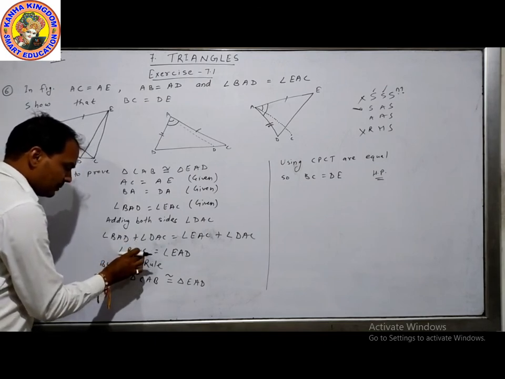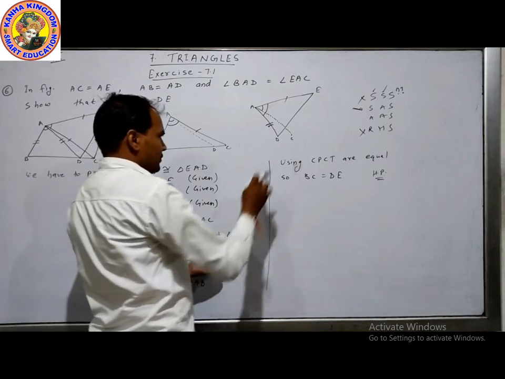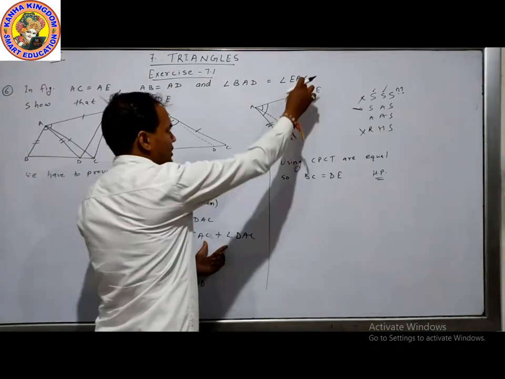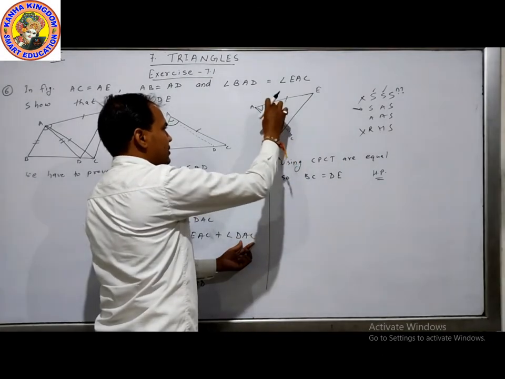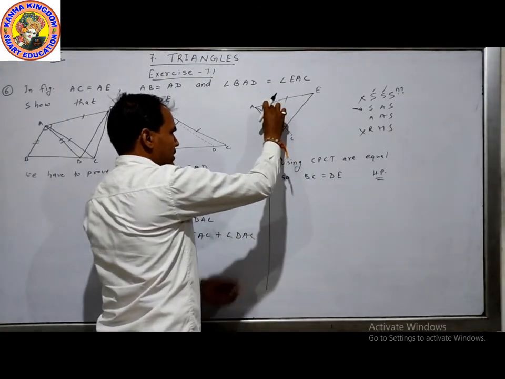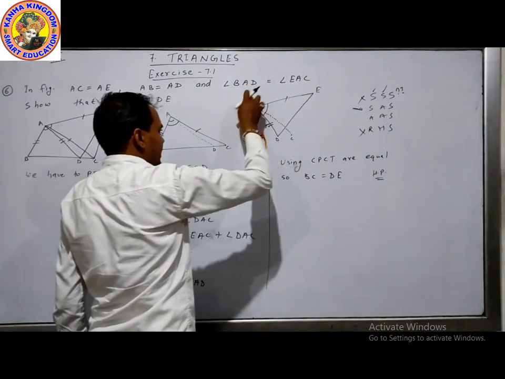The addition of these angles is BAC. There are two angles, EAC and DAC. When we add these two angles, we have a complete angle EAD.